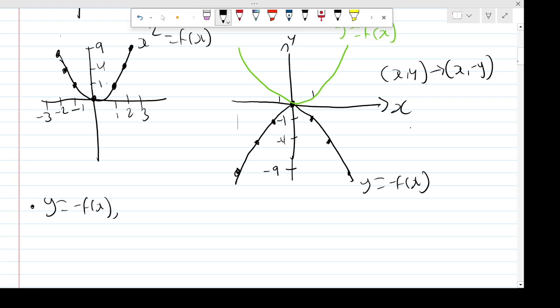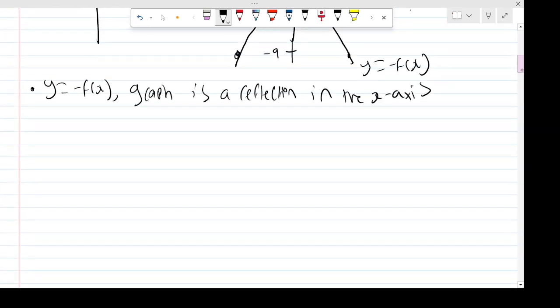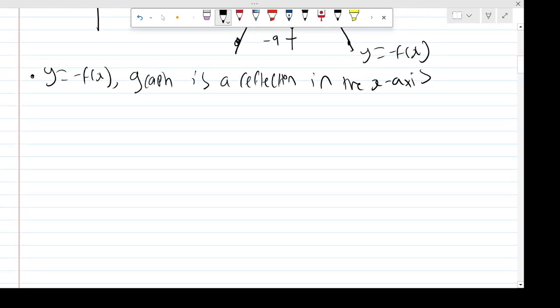But in this very particular case of a f of x, when a is -1, so we get -f of x, as we see here, that curve, so our graph, is a reflection in the x-axis. So actually with this stretching, I can actually get a reflection as well, a reflective transformation. Okay, so that's -f of x.